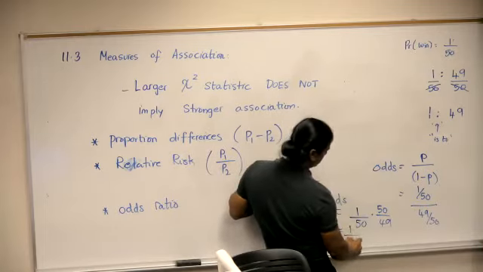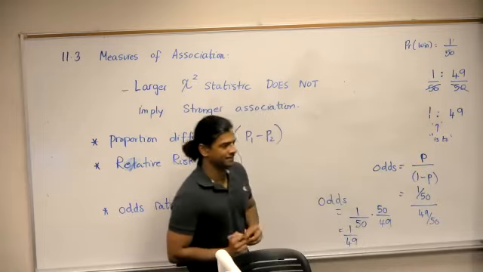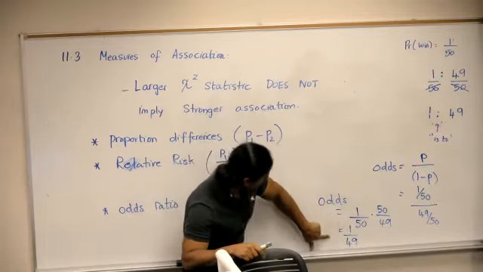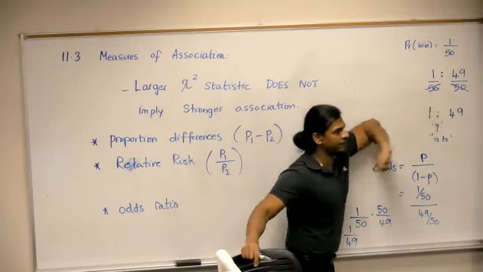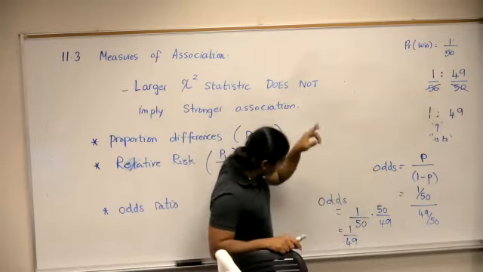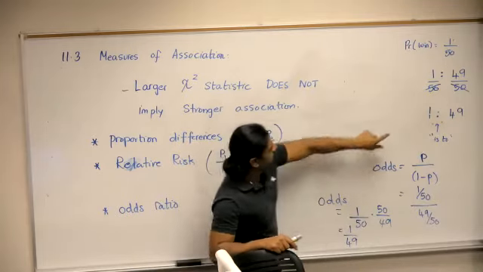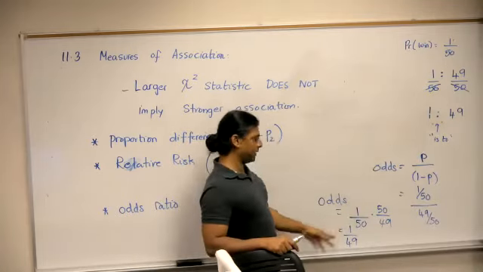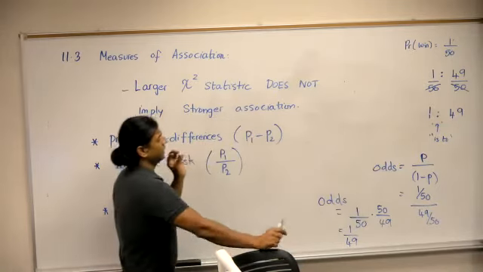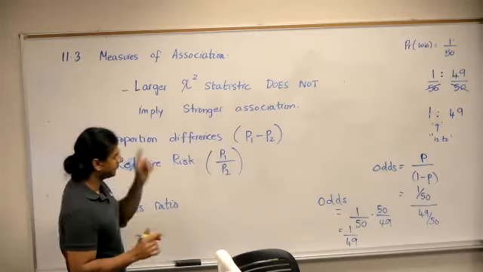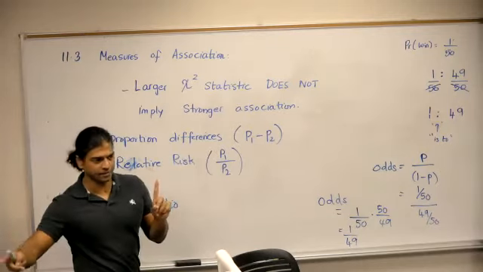The odds would be 1 over 49. 1 over 49 is the same as saying 1 is to 49. So if you played 50 times, you'll win once and you lose 49 times.